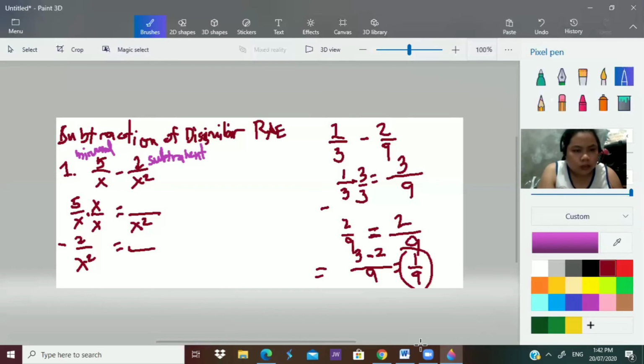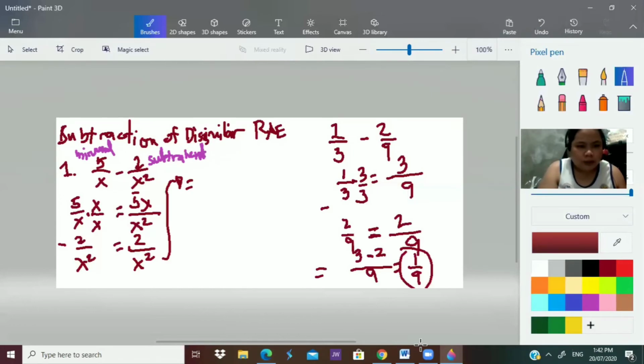That's the subtrahend. Okay. Now, let's proceed. So, you have here x squared. So, you have 5x over x squared. So, ito, kokopyahin na lang natin kasi x squared na yung denominator.